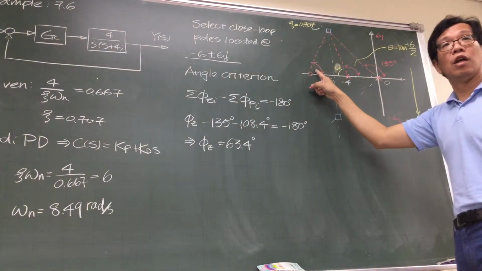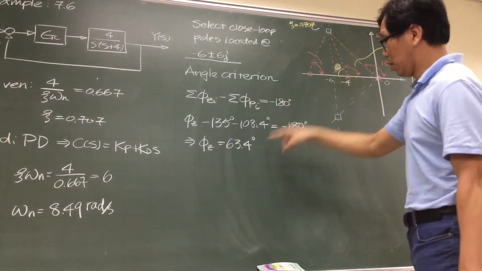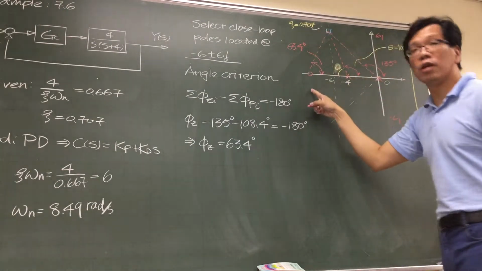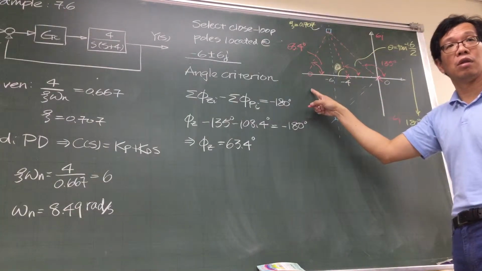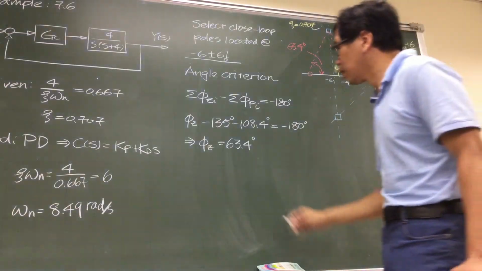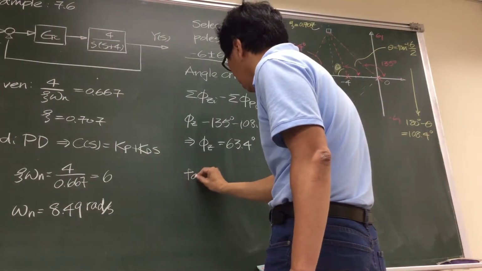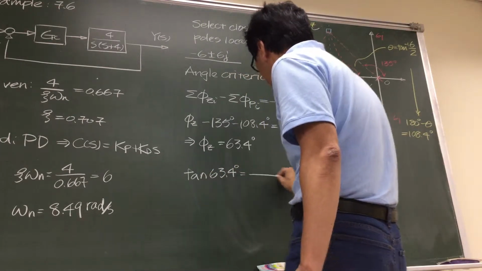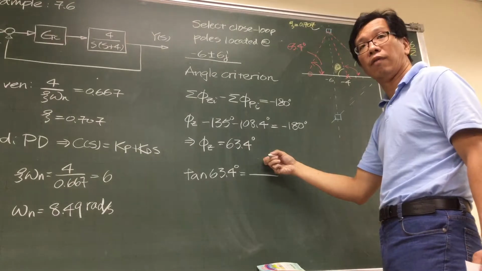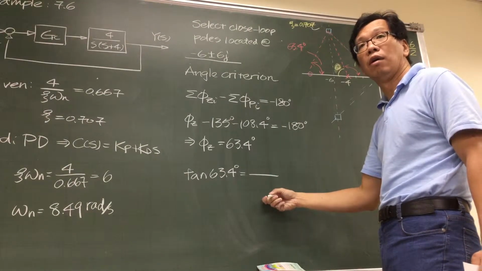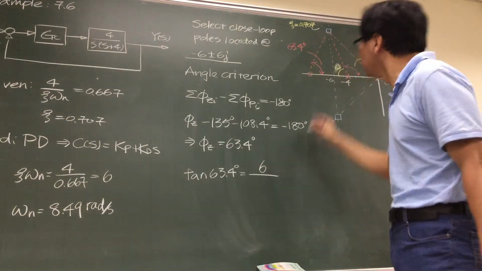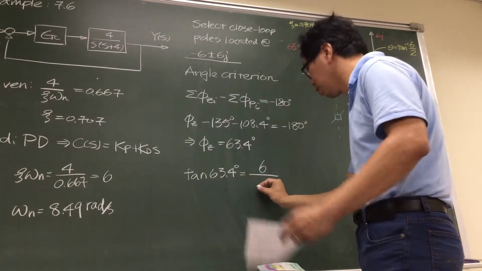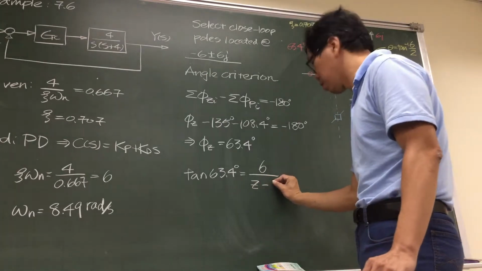What is the angle over here? This one, right? So do you know where this one is going to be placed? You do, right? Because this is vertical divided by horizontal. Vertical is 6. Horizontal is going to be, let me put Z minus 6.